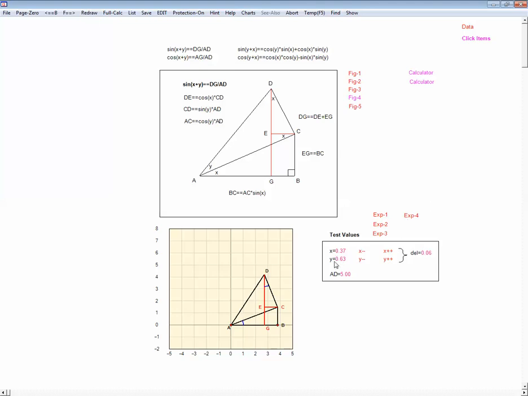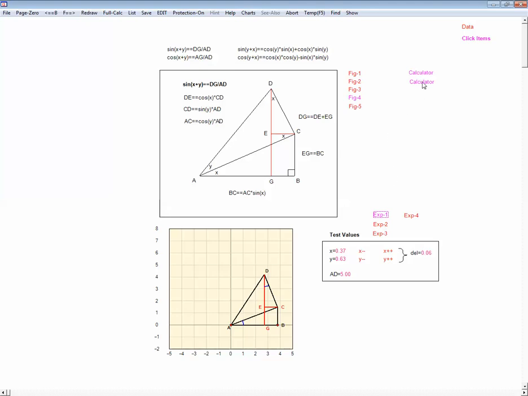In particular, I can change x and y. As I change x, my picture changes. Or as I change y, my picture changes. That way I can look at various types of x and y and kind of understand what our situation is. So there's the situation we've just proven our formula for. Let's look at another situation.